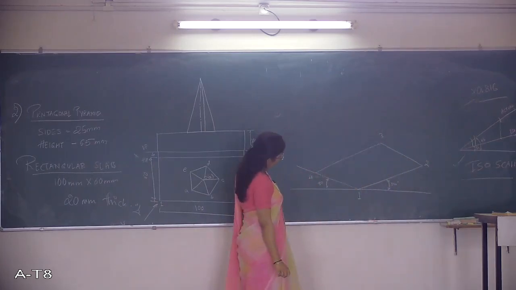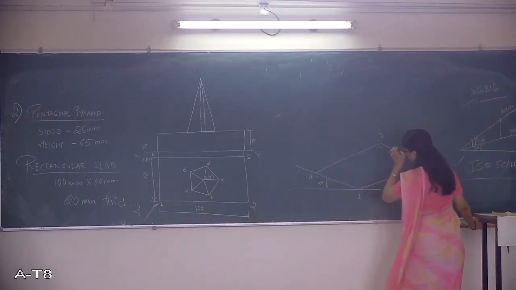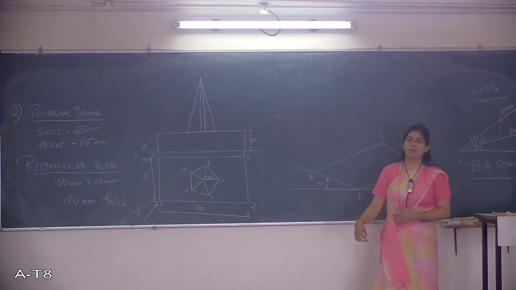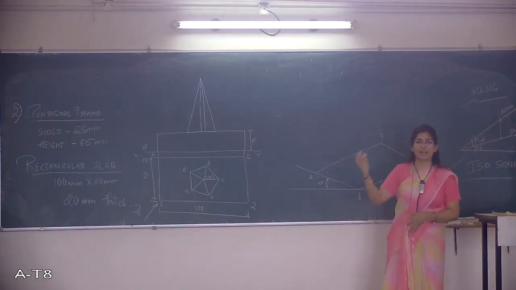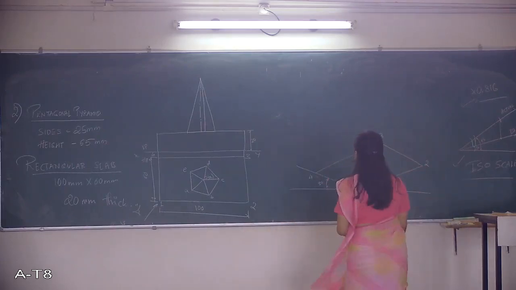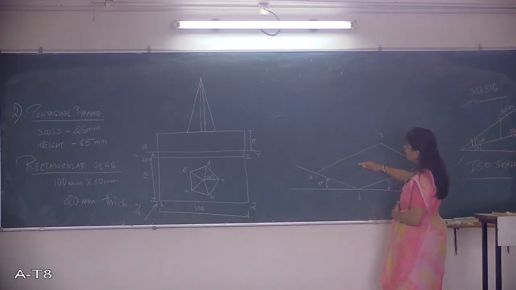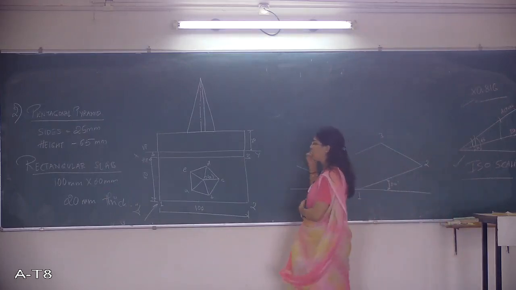Once you do this, what is the next step that we have to do? We have to get the top. As this is itself the base of the rectangle, you need not again overlap with any other box. You can straight away draw it here. So as you have got 1, 2, 3, 4, I have to get the top face of it. To get the top face, again we'll repeat the same thing that we had done in the previous problem.